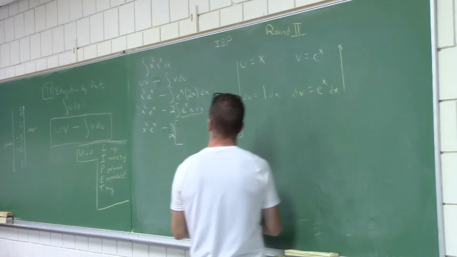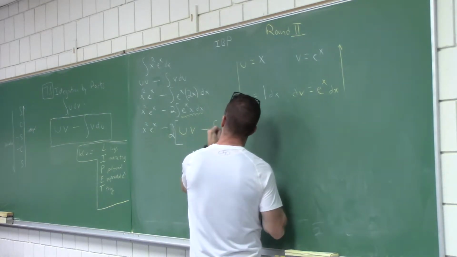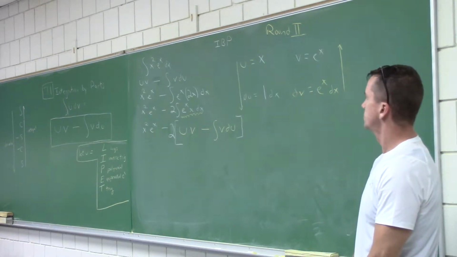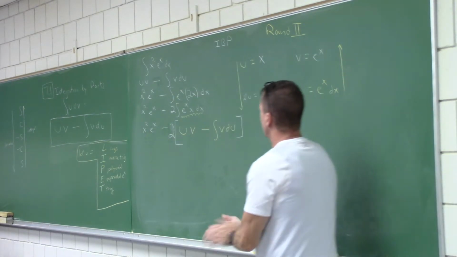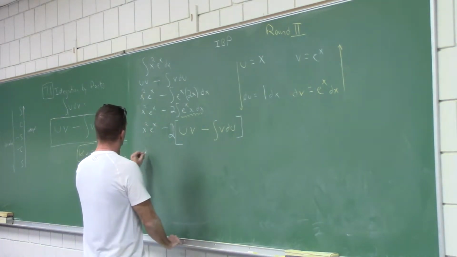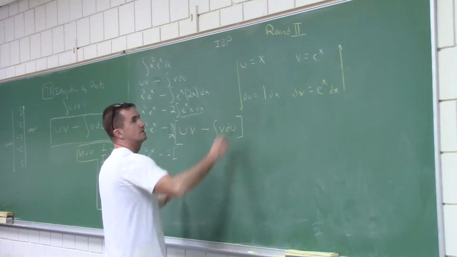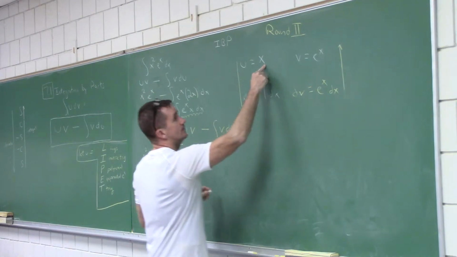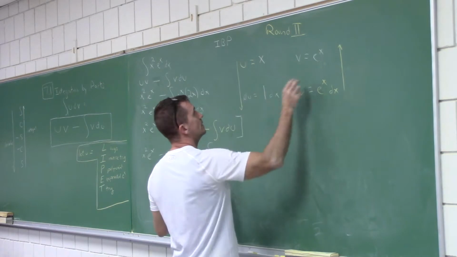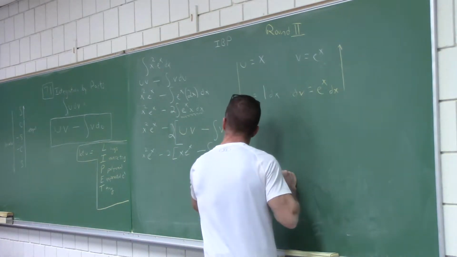Okay, let me write out the phrase u v minus integral v du. x squared e to the x minus 2 times u v minus integral, v is e^x, and the du is just 1 dx.